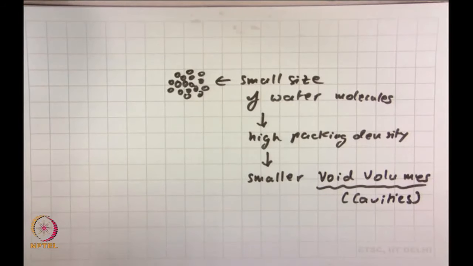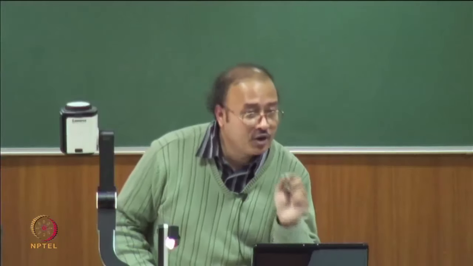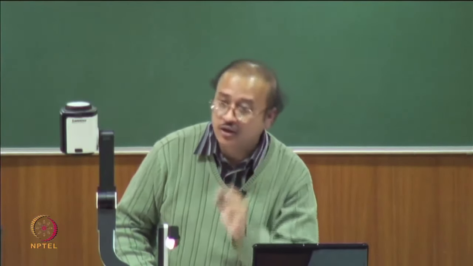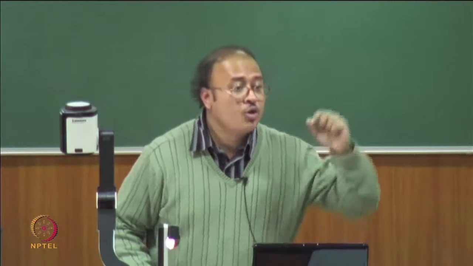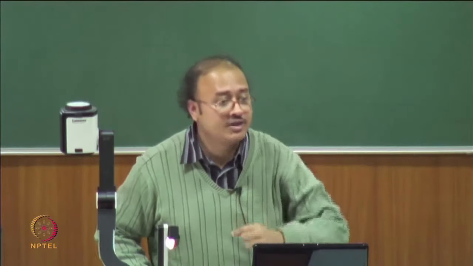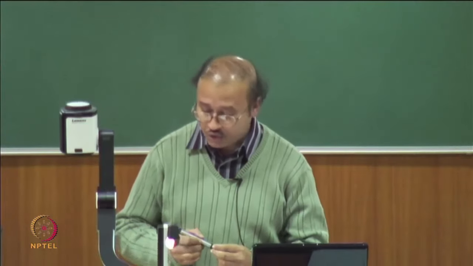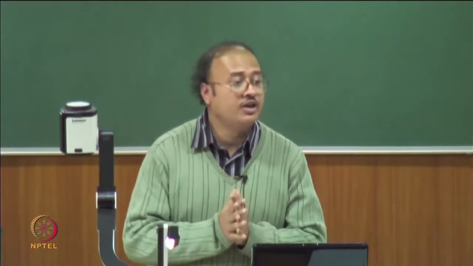So, this one is clear to you. If the size is small, they would pack a lot more densely, and hence because the packing density is very high, the number of gaps or void spaces would be very low. So, to take a hydrophobic molecule and put it inside, you have to put in more work, more energy in creating a cavity, as opposed to large spherical particles.